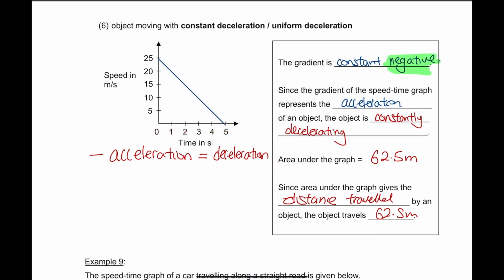So we know that the object is undergoing constant deceleration. And the area under the graph, as I mentioned before, is just the distance traveled. This area down here is just 62.5 because it's half times 5 times 25. So the distance traveled is 62.5 meter.